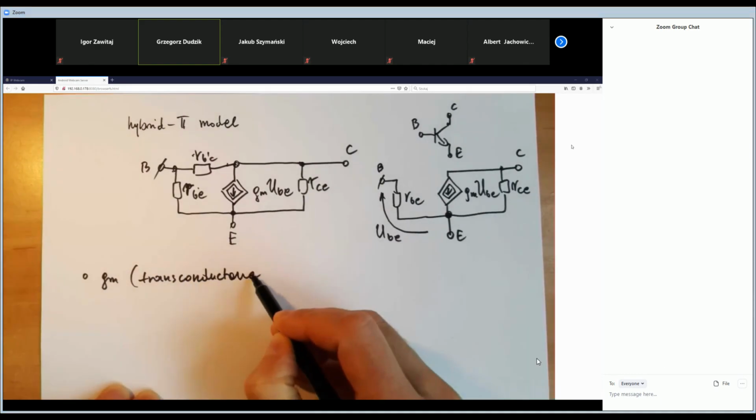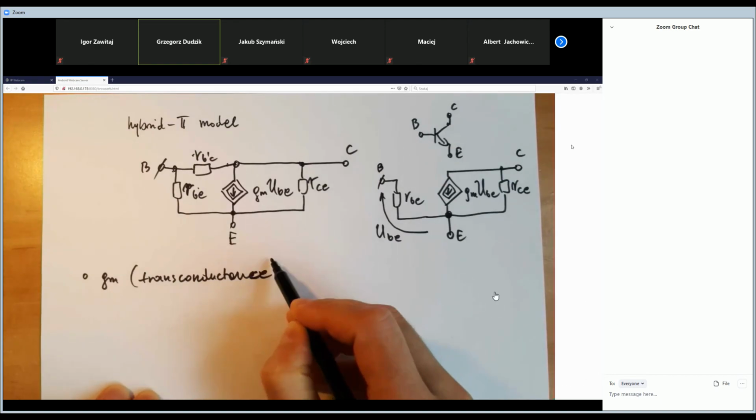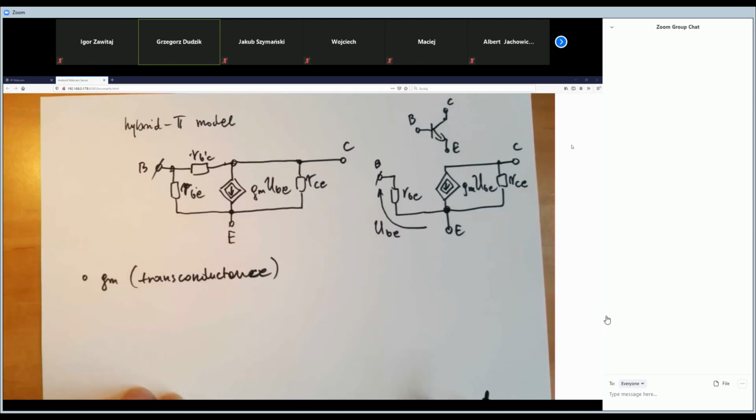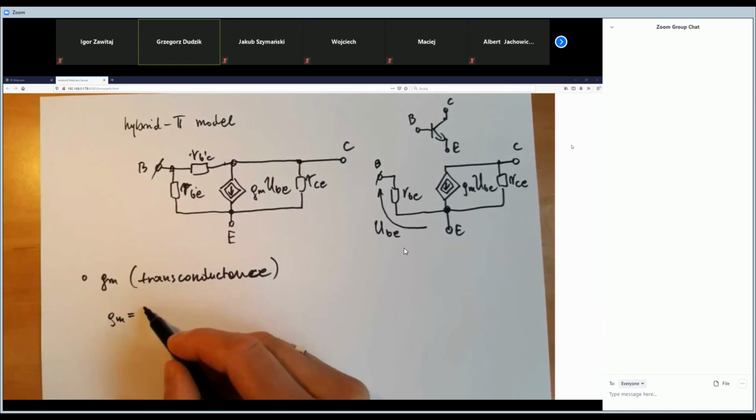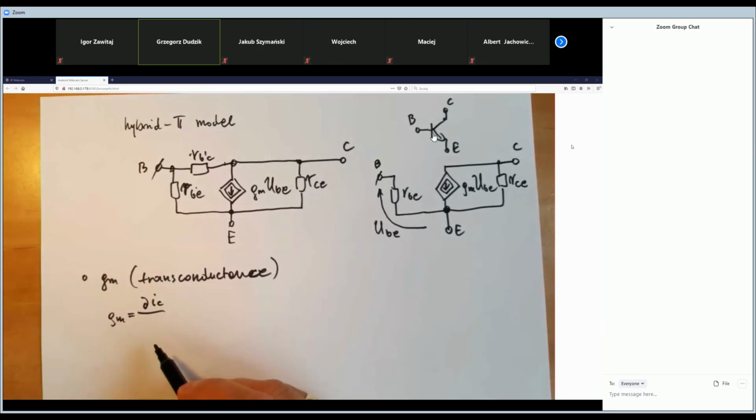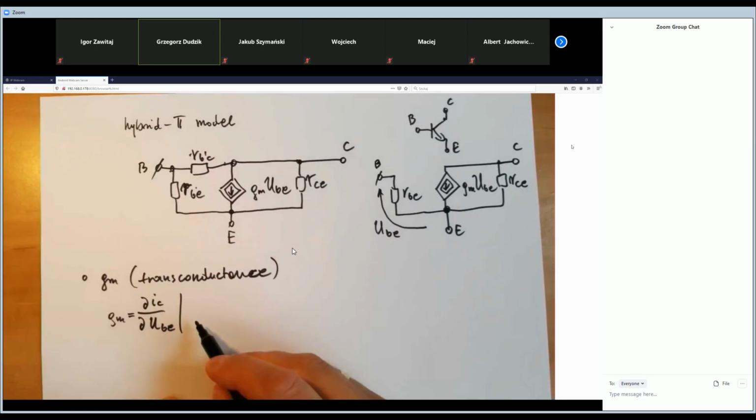The transconductance is the change of the collector current over the change of the base-emitter voltage.